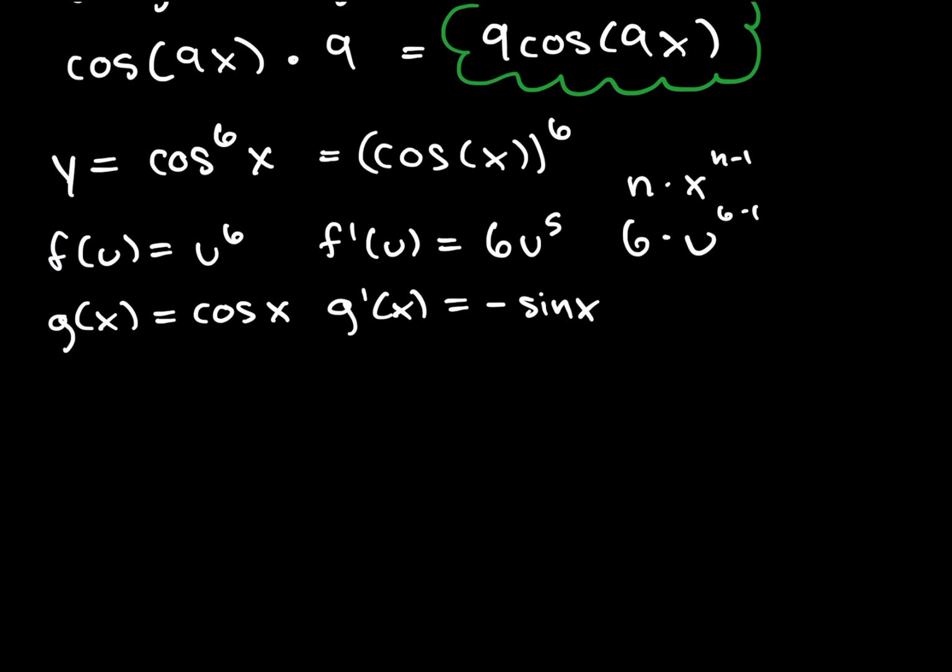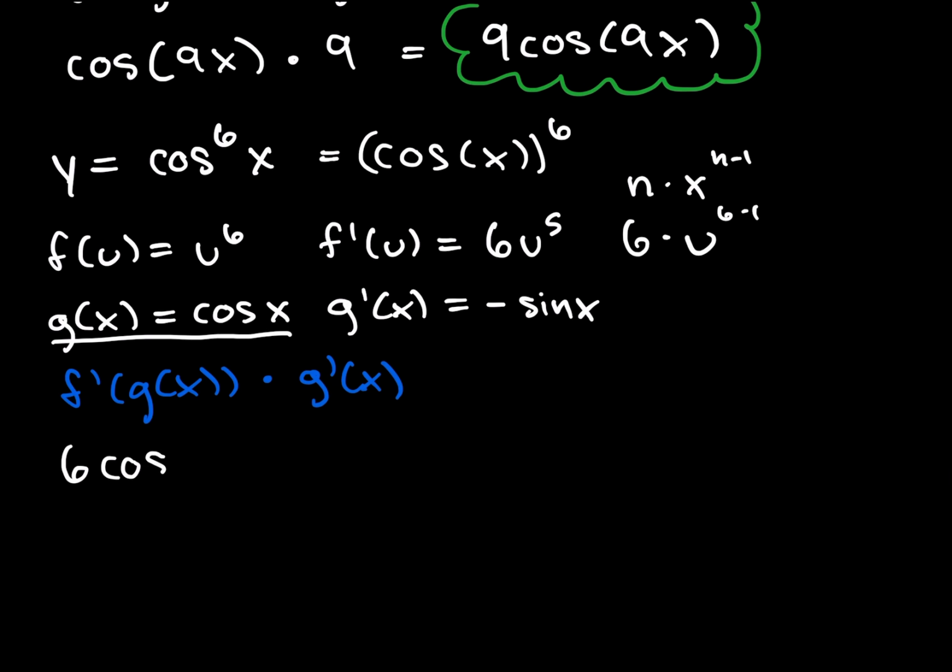So now, putting this into our equation, f prime of g of x times the derivative of g of x will be f prime of u, 6u, which turns into g of x, so 6 cosine x to the 5th power times our g prime of x, which is negative sine x.